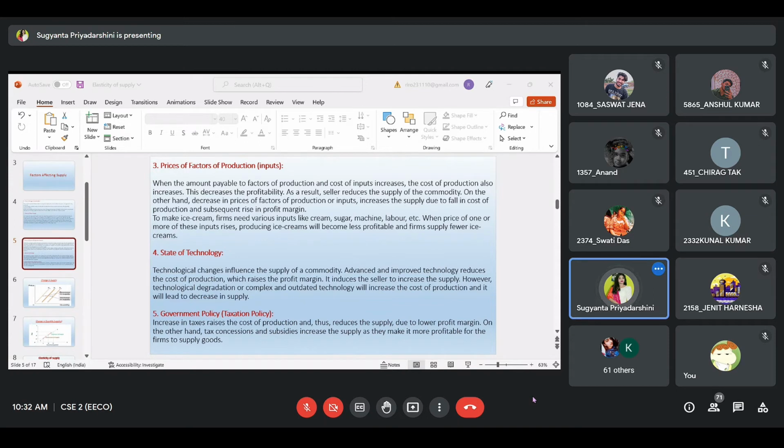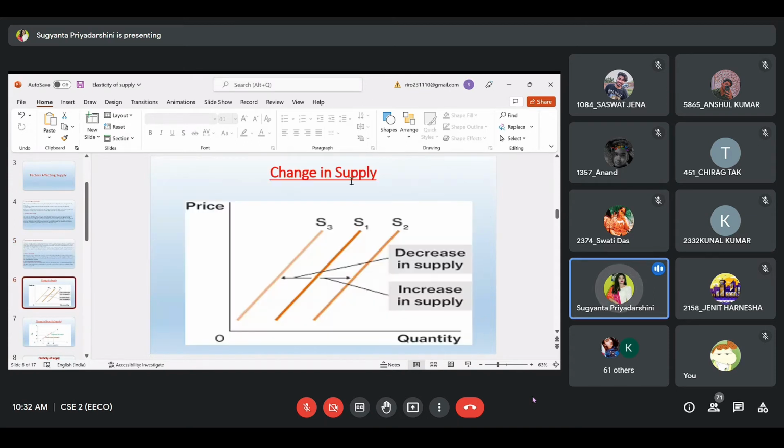The same thing we will observe when it comes to change in supply. Just mark it here. Your price is constant, but any other factor affecting your supply changes. Let us say your state of technology. If you are using advanced technology, then your supply will increase, and you will move from S1 to S2.